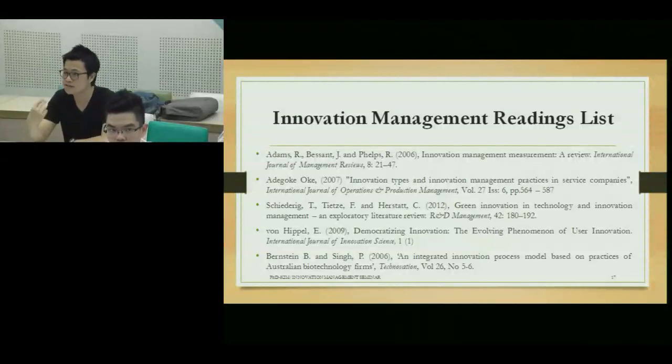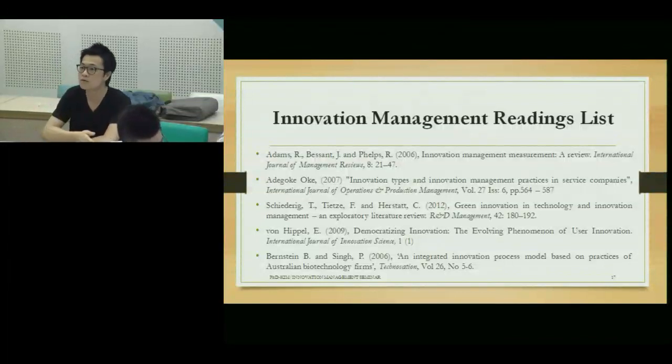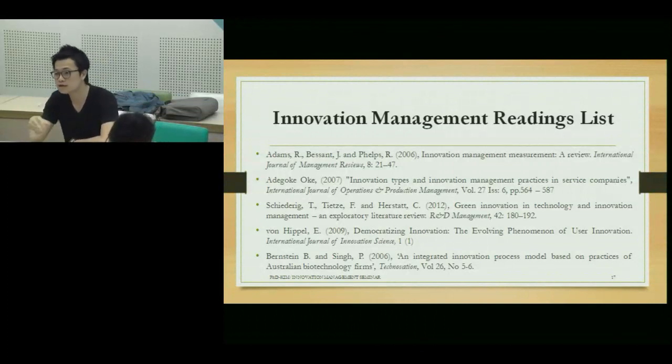When they tested with users, giving them the freedom to innovate something, they usually innovate at a radical degree. So that supports the first journal, which said radical innovation usually performs better than the other degrees, incremental or me-too innovation.